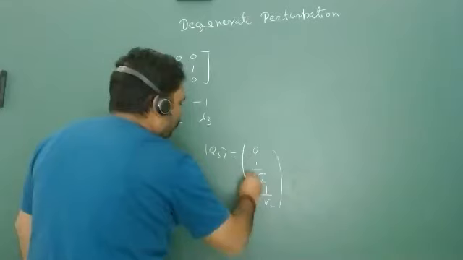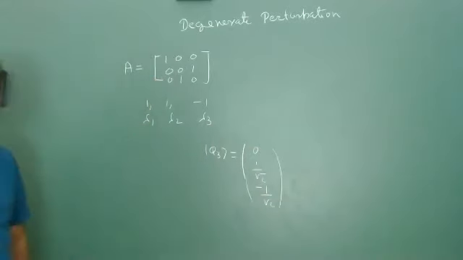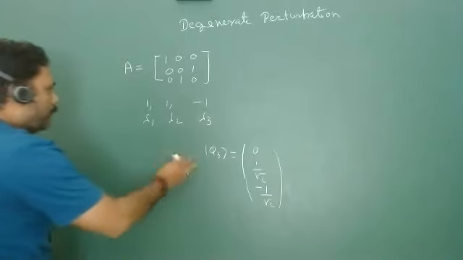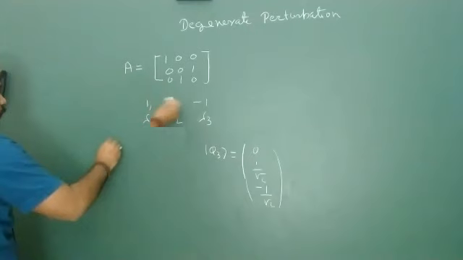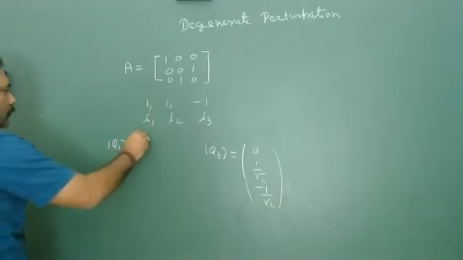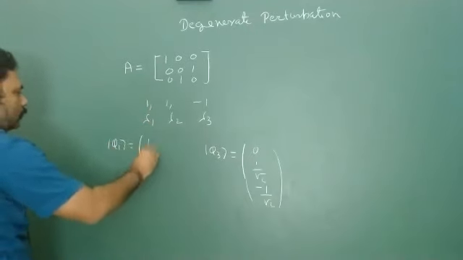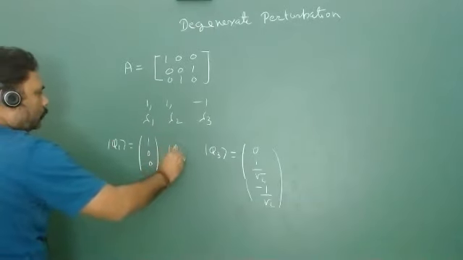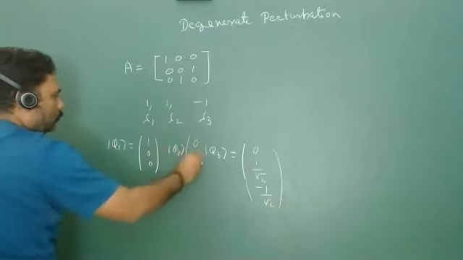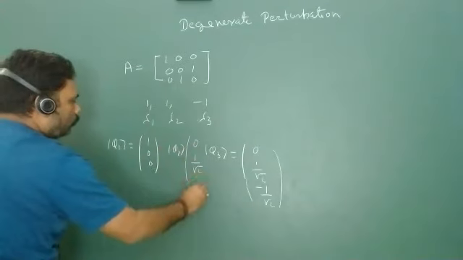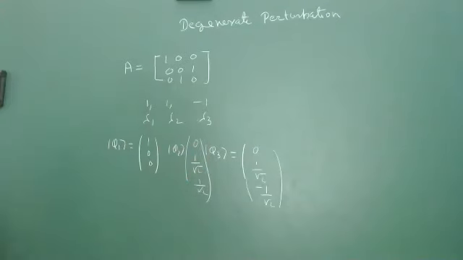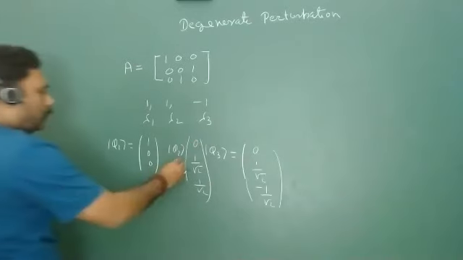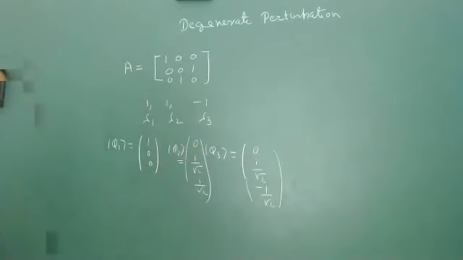You can easily find this eigenvector; I have discussed it in our tools class also. For the eigenvalue 1 and 1, we can choose the eigenvectors phi 1 equal to 1 0 0 and phi 2 equal to 0, 1 by root 2, 1 by root 2. So we have calculated these three eigenvectors ourselves.